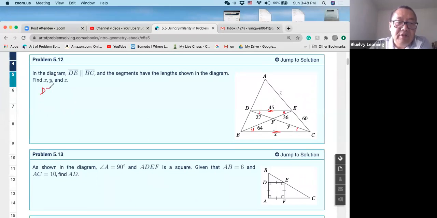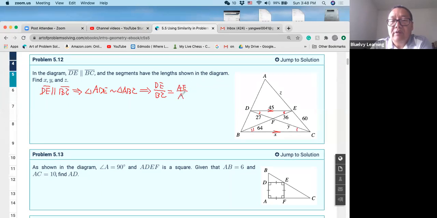So first, DE parallel with BC. Then we can get triangle ADE similar with triangle ABC. From this, we can get DE over BC equals AE over AC.